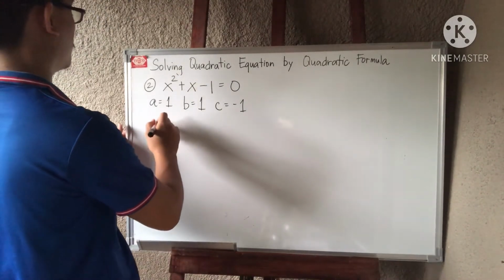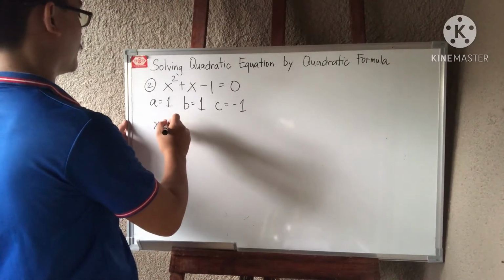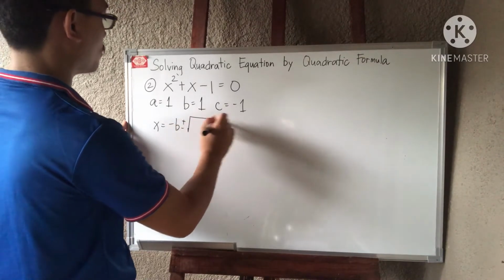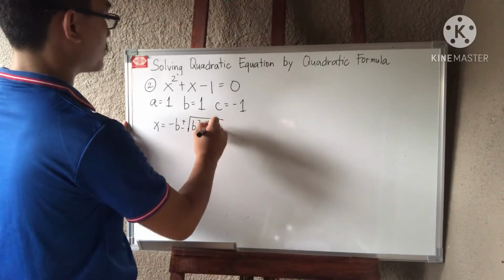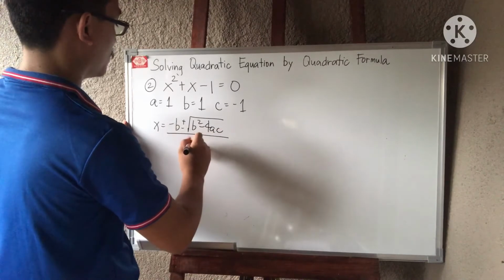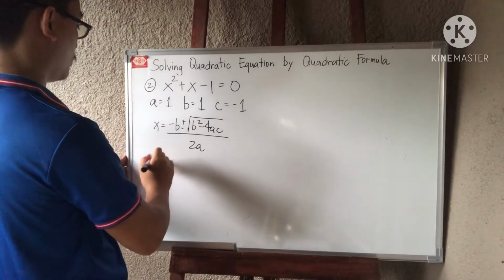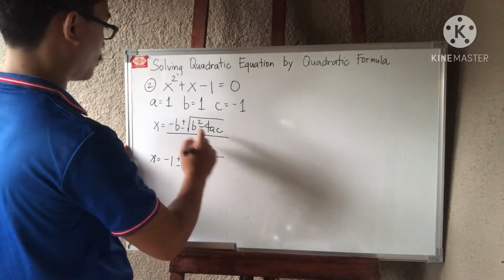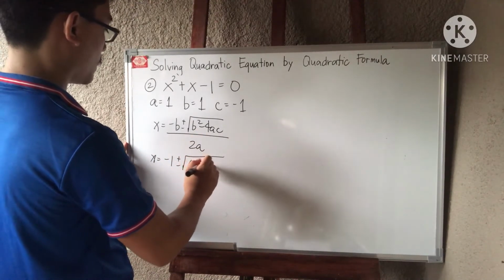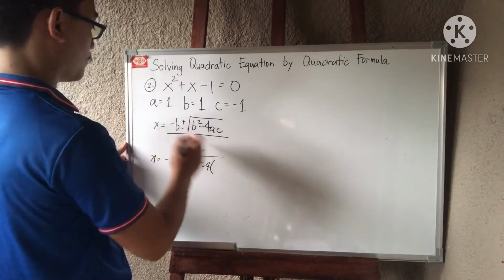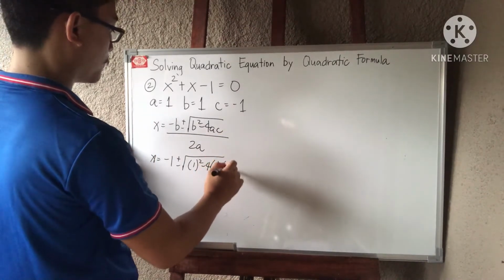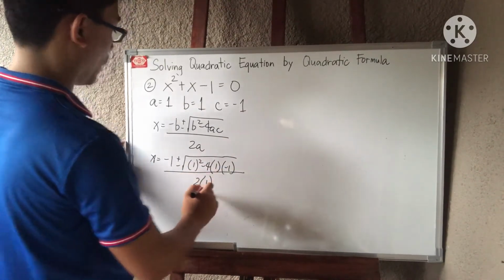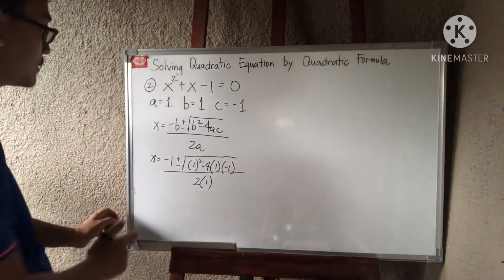So, yung x equals, palagay muna natin yung formula, negative b plus minus square root of b squared minus 4ac all over 2a. So, negative b, so that's negative 1 plus minus the square root of 1 squared minus 4 times 1 times negative 1, all over 2 times 1.